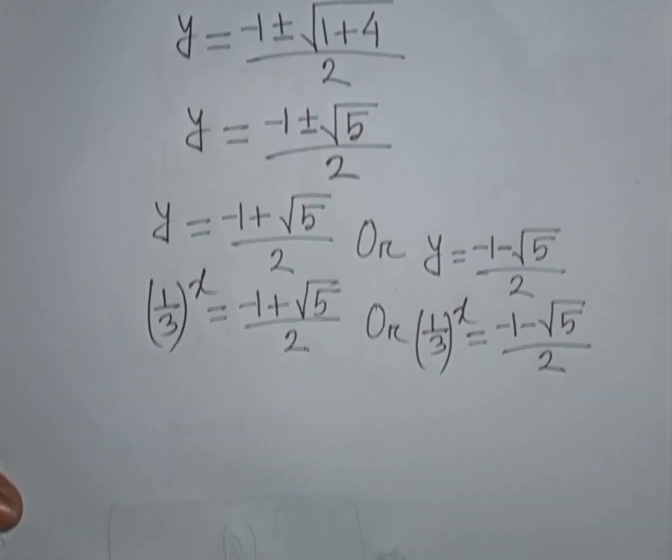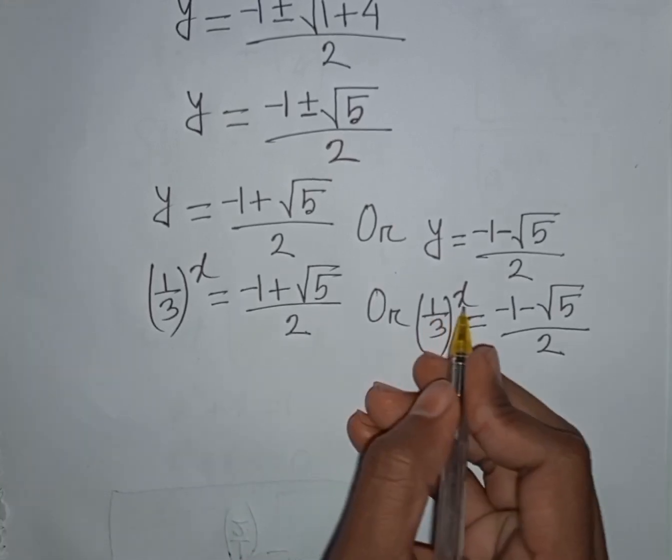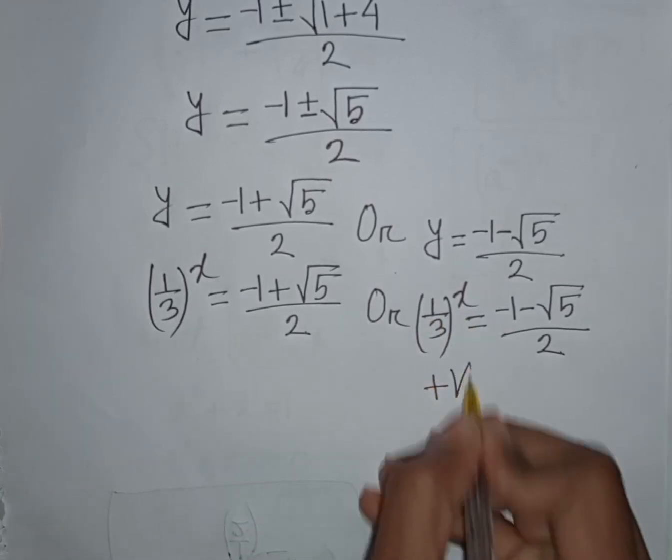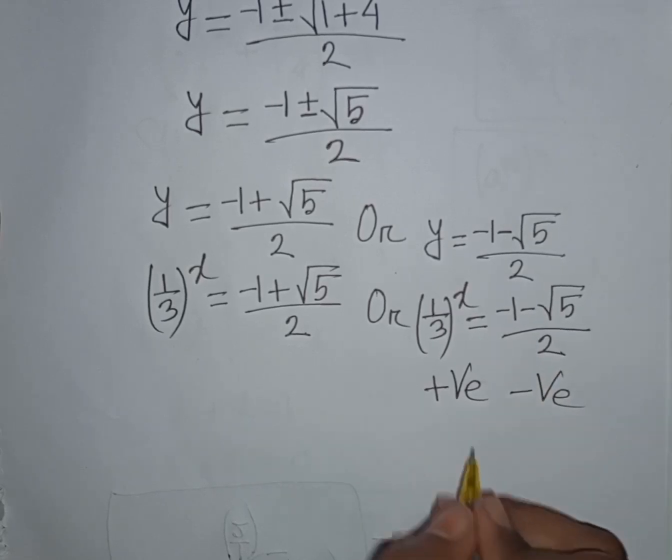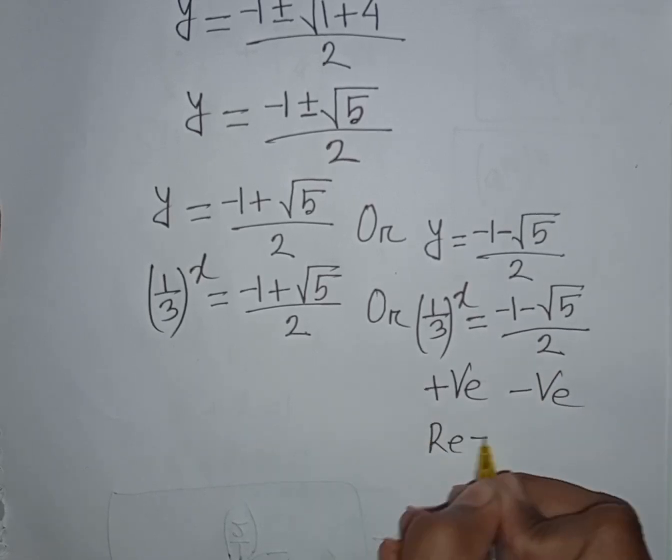Now we see (1/3) to the power of any number is always positive, but this is negative. So positive cannot be equal to negative, so this is rejected.